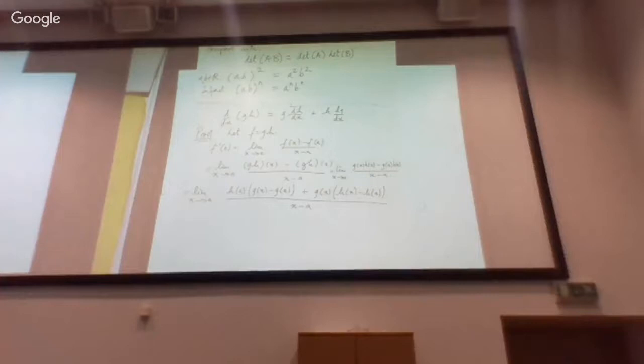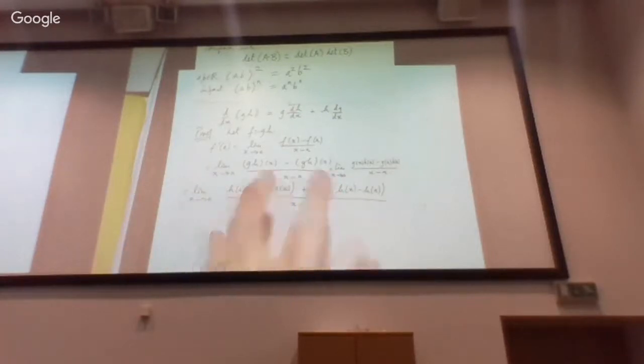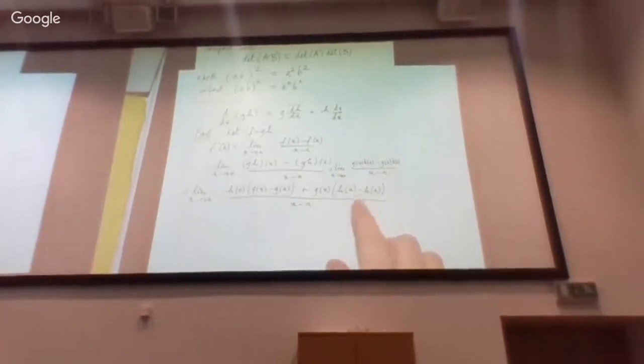So this does indeed get you back to that. And of course, the reason we've done that is that in the difference g of x minus g of a, this is going to turn into the derivative of g, and in the difference h of x minus h of a, that's going to turn into the derivative of h.